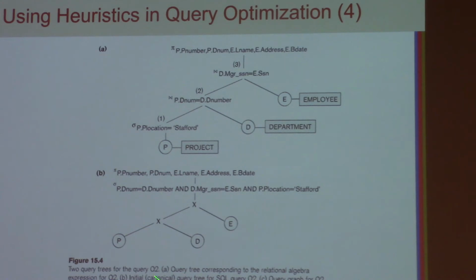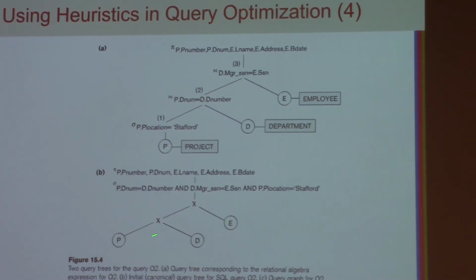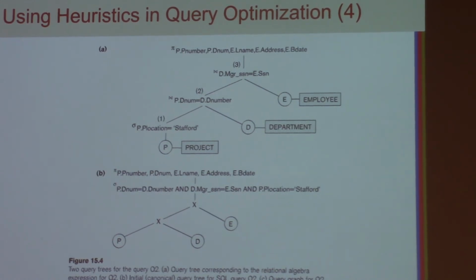It doesn't consider performance. Why? You need to keep all the combinations in the memory. For example, if project 10, department, how many? 100. If you have 100 employees, so easily 10,000 combinations in the memory.